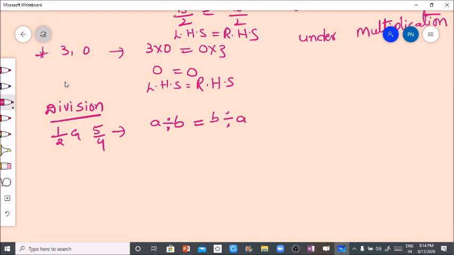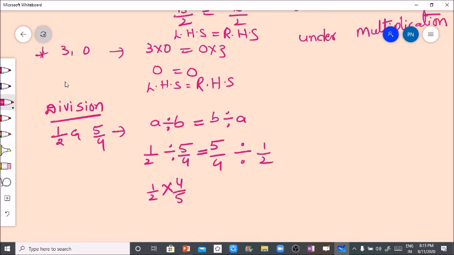A is 1 by 2 divided by B is 5 by 4, equals 5 by 4 divided by 1 by 2. So 1 by 2 divided by 5 by 4 is 1 by 2 into 4 by 5.